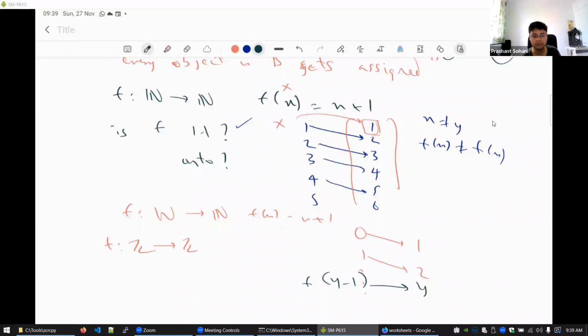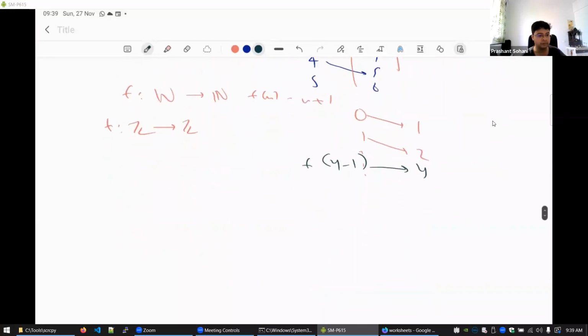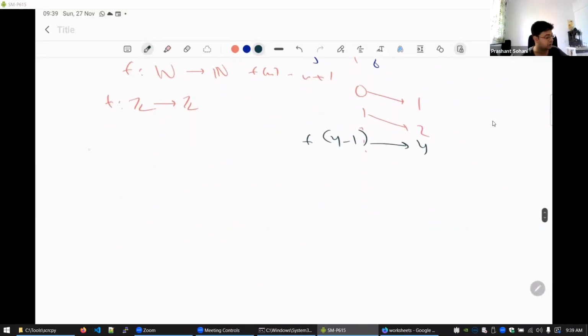Okay, to make this even clearer, I would ask you to try to create a function of all the four kinds. Try to create a function right now. Everybody try to define a function which is neither 1 to 1 nor onto. Then try to create a function which is 1 to 1 but not onto.